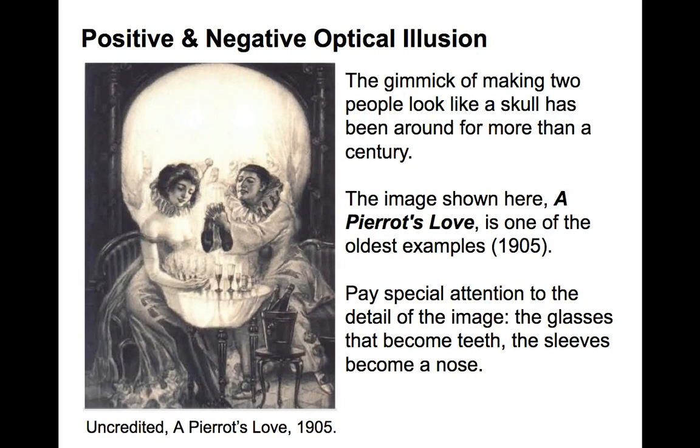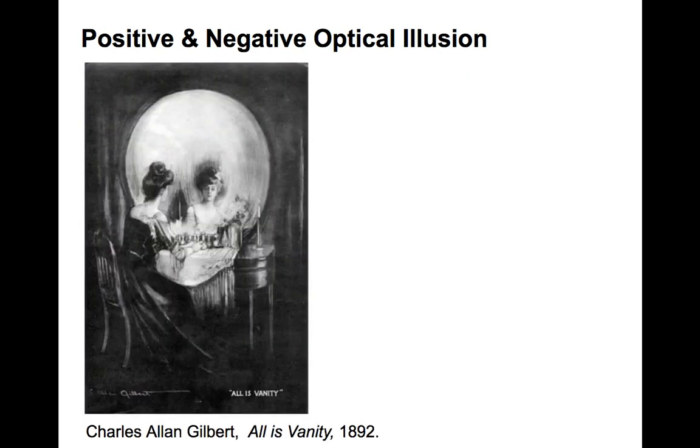Here are some optical illusions. This is from 1905, called A Perro's Love. You see both a skull and two figures. Look carefully at the teeth that are also glasses. Pretty clever. Another optical illusion with negative space by Charles Allen Gilbert, called All is Vanity, from 1892.